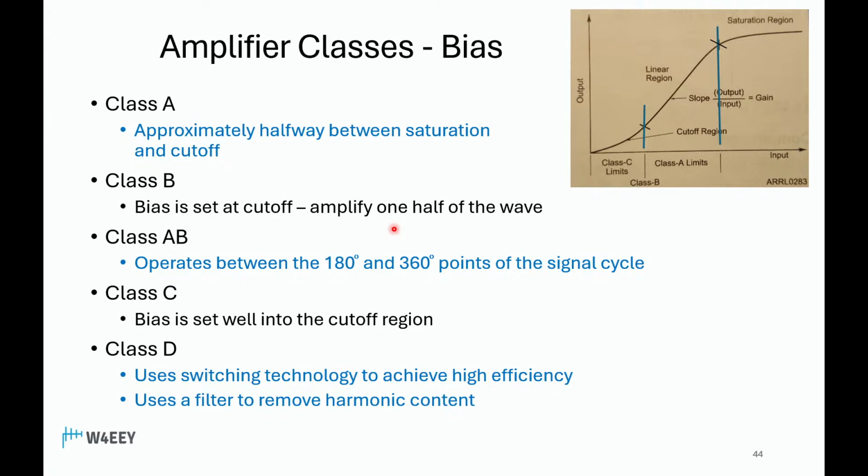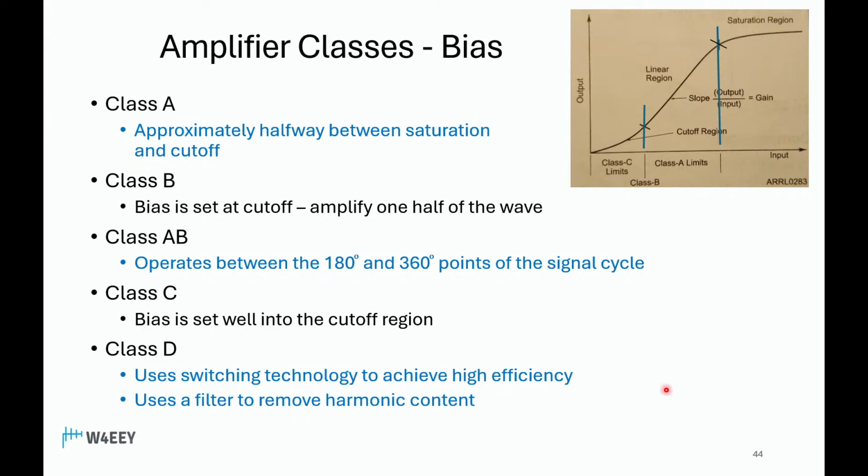Okay. AB is sort of a hybrid between A and B, operates between the 180 and 360 degree points on the signal cycle, like we saw in the previous slide. And Class C is set well into the cutoff region, so that only the peaks of the incoming signal will be amplified.